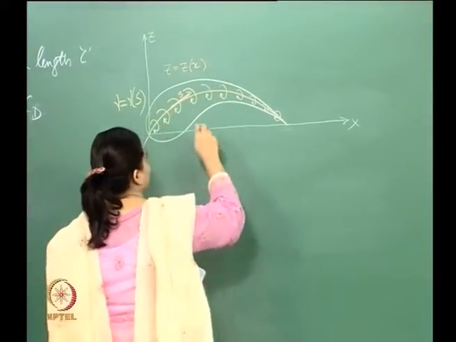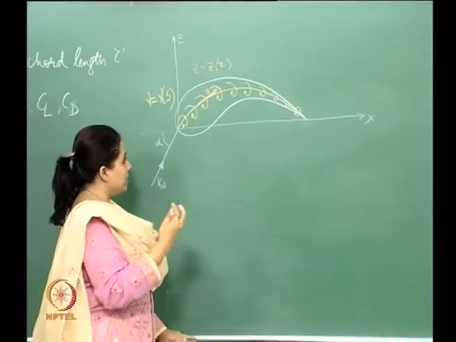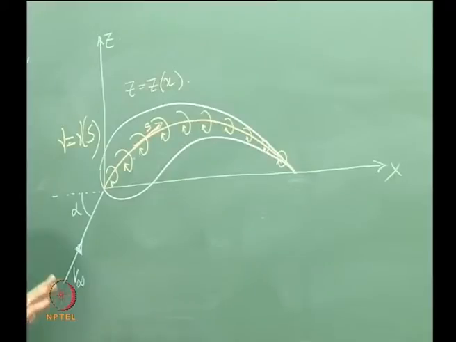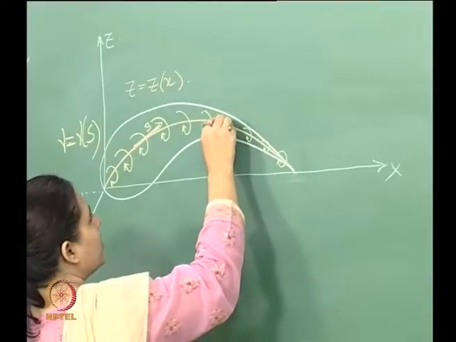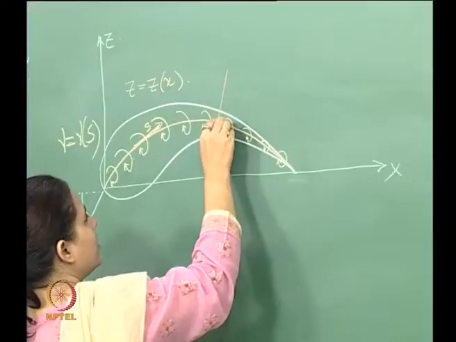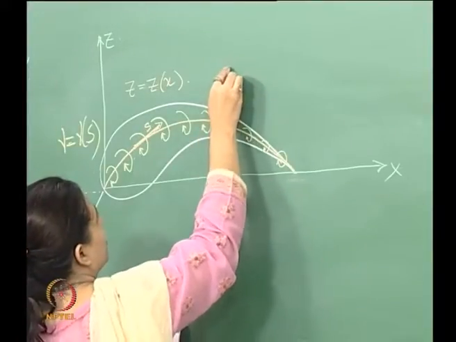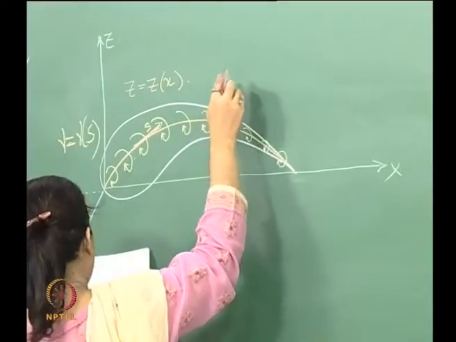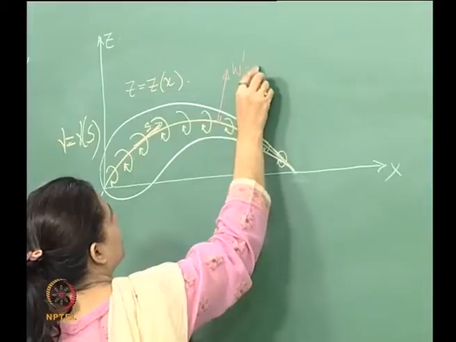So this is a vortex sheet, and velocity will be induced by these vortices at different locations. At a particular point, say here, this is the normal component of the velocity induced.